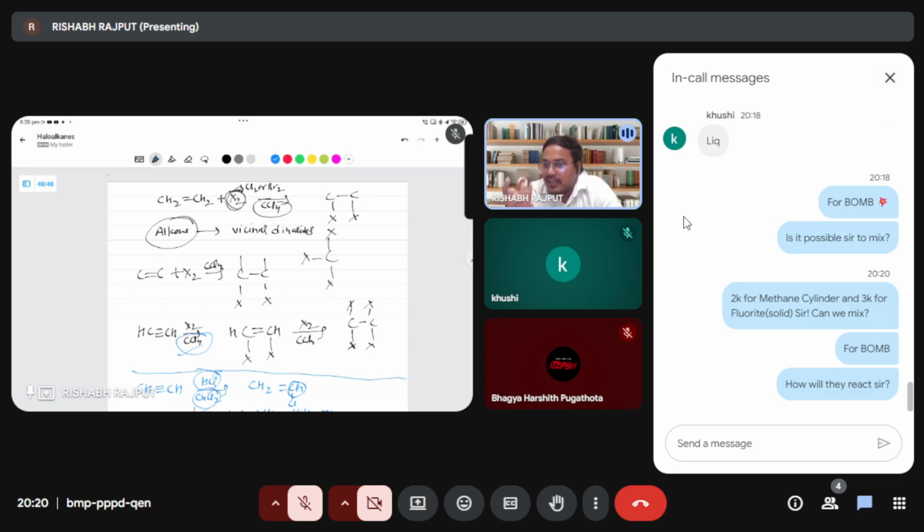If you do this reaction in sunlight, obviously it will blast like a bomb. Even if a beam of light is focused on it, it is a very dangerous reaction.